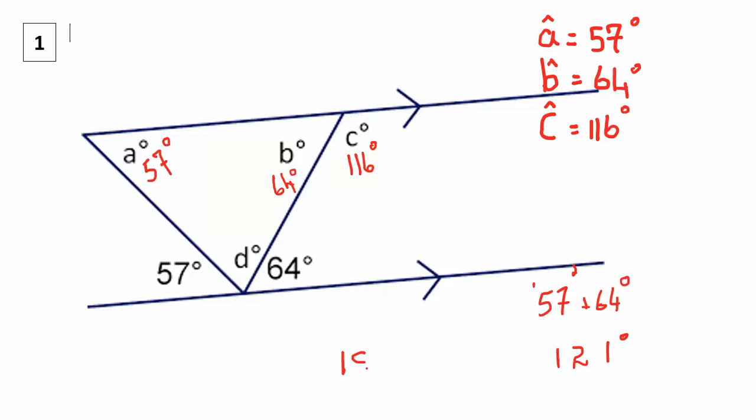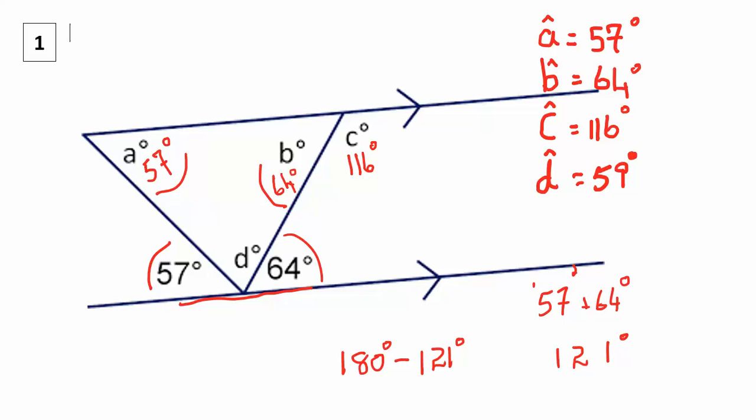So to work it out, I need to take 180 degrees for my straight angle, or the sum of three angles of a triangle, and I need to subtract 121 degrees from it, the sum of this angle and that angle. And that should give me a total of 59 degrees. So angle D is equal to 59 degrees.